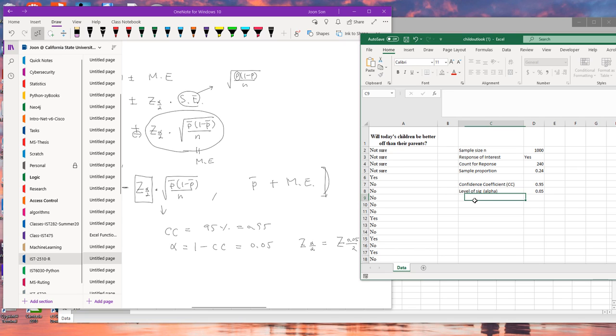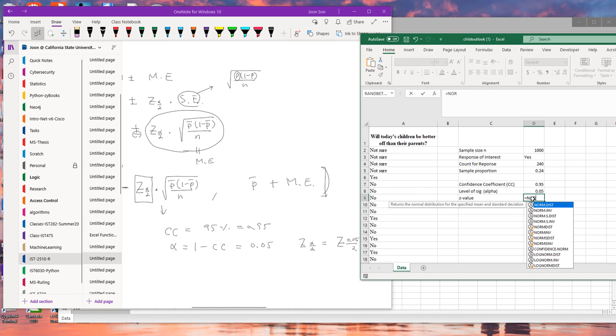Now we can find the z value. We can use the function NORM.S.INV. Whenever you use S, it means you need to find the z value.